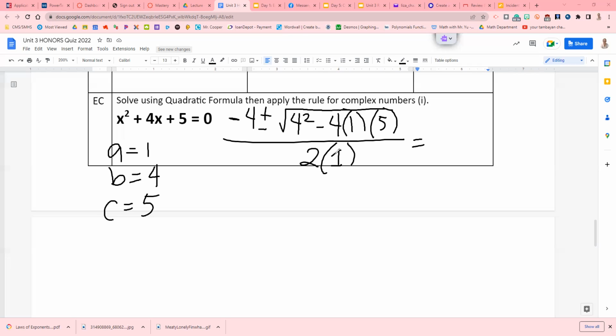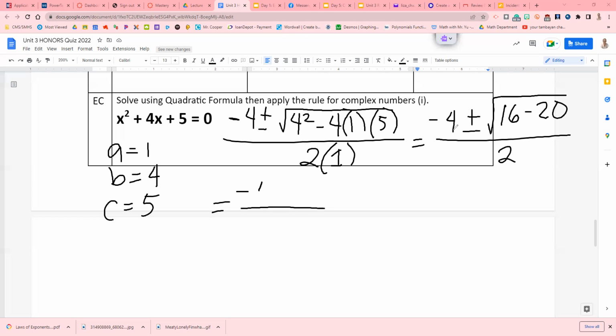Now you'll have negative 4 plus and minus square root of 16 minus 20 divided by 2. So you'll have negative 4 plus and minus square root of negative 4 divided by 2.